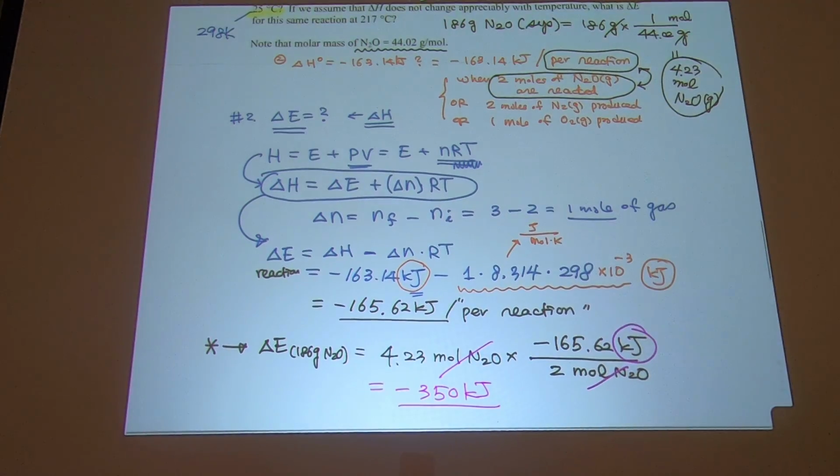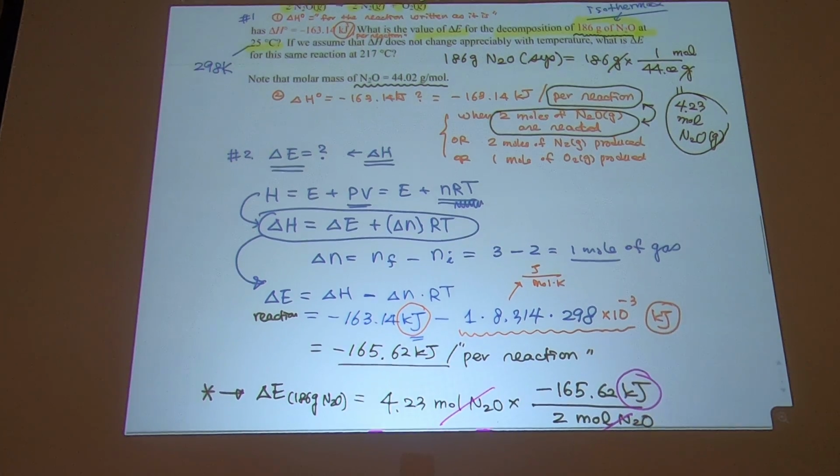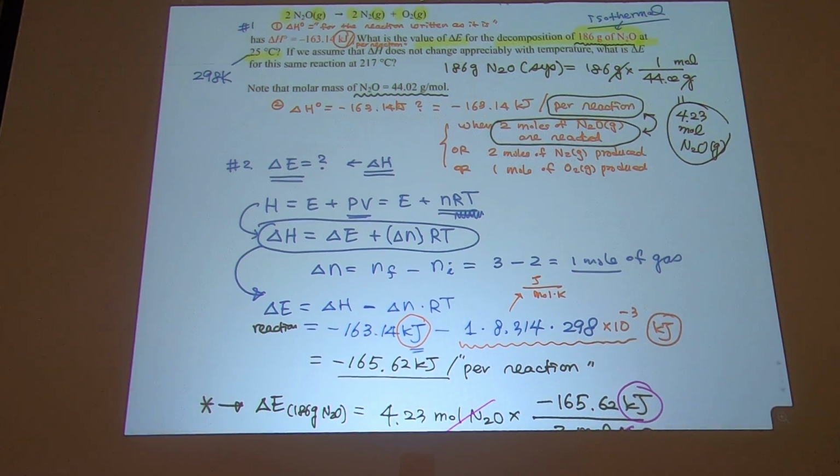So that's the first question that I've shown you. And essentially, it all started with this information being provided as a delta H, and this was given as it is because your reaction was written in this way, and using that information you can calculate system-specific quantities, and you can calculate internal energies.